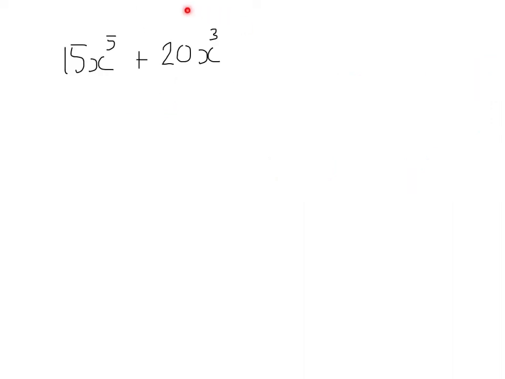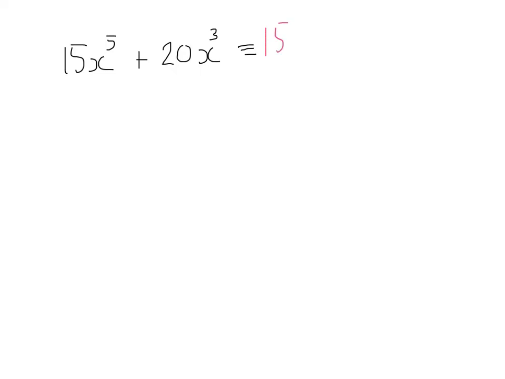So now let's try to factorize this expression. That's 15x to the power of 5, add 20x cubed. First of all, like before, I'm going to write out the x to the power of 5 and the x cubed in full.